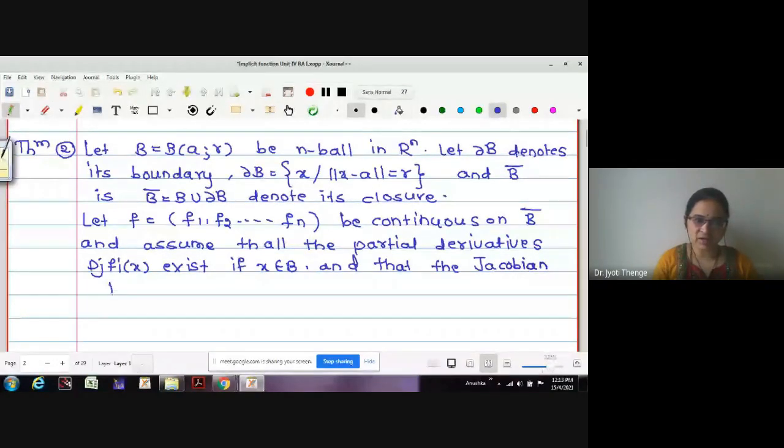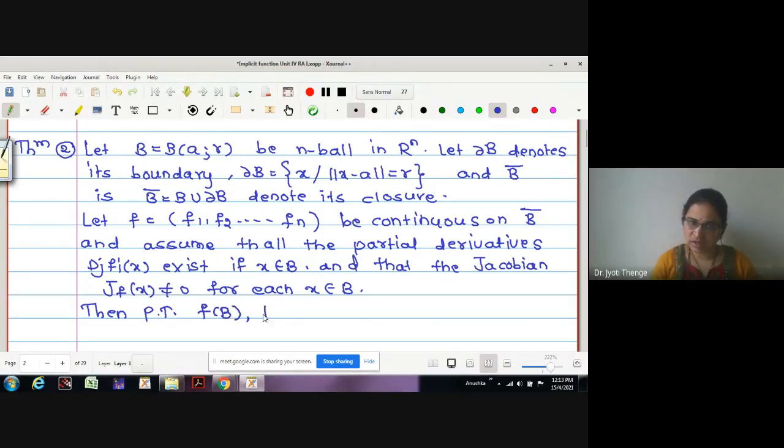The Jacobian Jf at the point x is not equal to 0 for each x in B. Then prove that f of B, the image of B under f, contains an n ball with center at f of a.